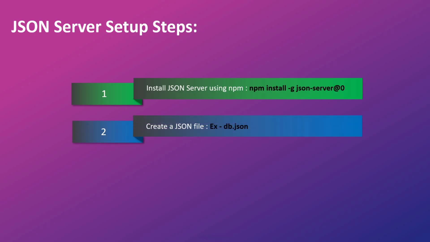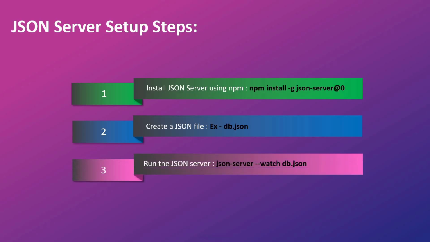Second, we will create a JSON file, that is db.json, to serve as the data source. And third step is we will run the JSON server using command json-server --watch JSON file name. In this case, db.json. And by following these three steps, we can set up the JSON server and create a mock backend API. Now let's do it practically.